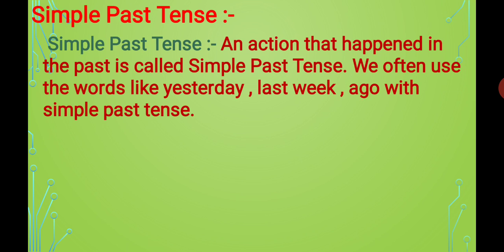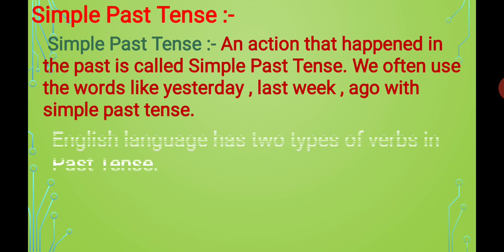We often use words like yesterday, last week, ago with the simple past tense. It means that if the action took place before the speaking, it is called the past tense.